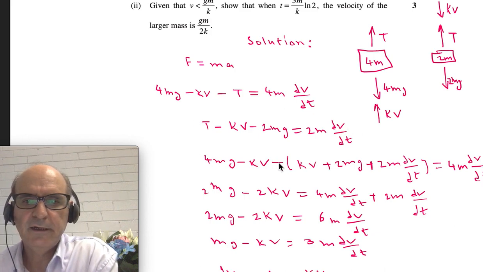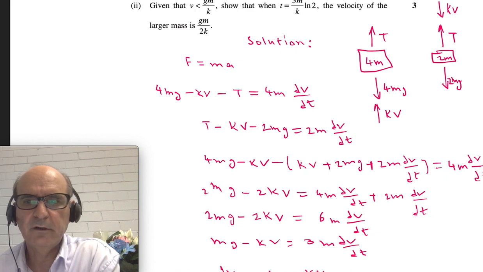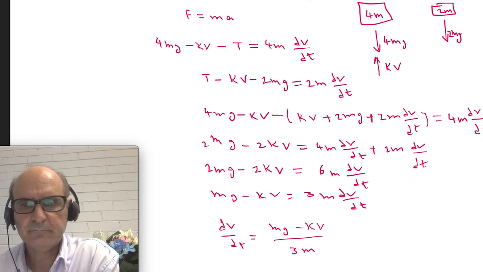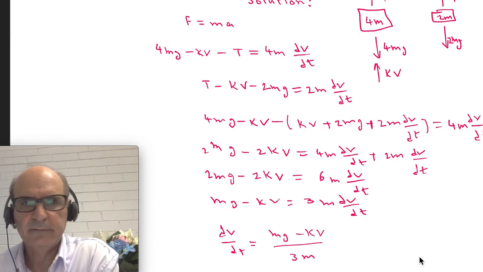So what we do here is make T the subject from this equation and use it in the first equation. That will give us 4mg minus kv minus T, where T is kv plus 2mg plus 2m dv/dt, equal to 4m dv/dt.